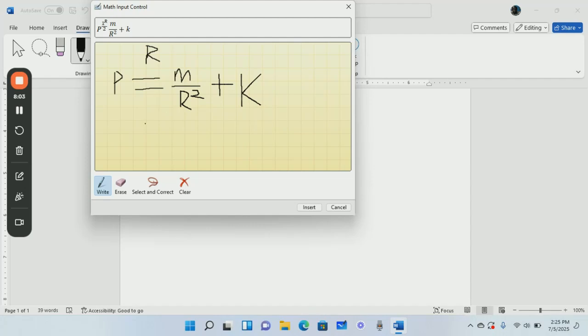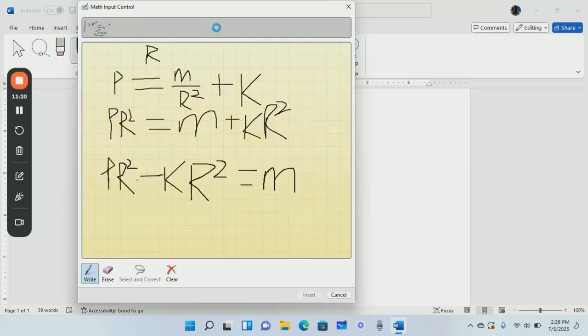So let's continue. We have P r squared minus k r squared. So we have r squared here.